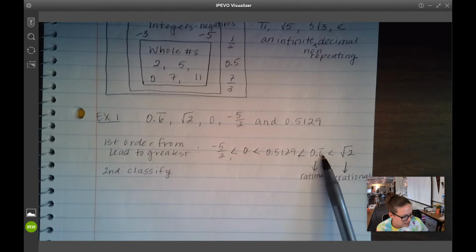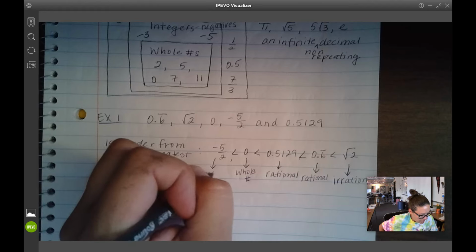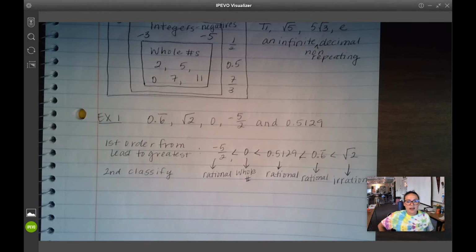This one is also rational because it is not an infinite decimal. 0 is a whole number. And lastly, we have a fraction here, so that is rational as well. You need to know the difference between a whole number, an integer, a rational number, and an irrational number, and know that they all fit in the category of real numbers.